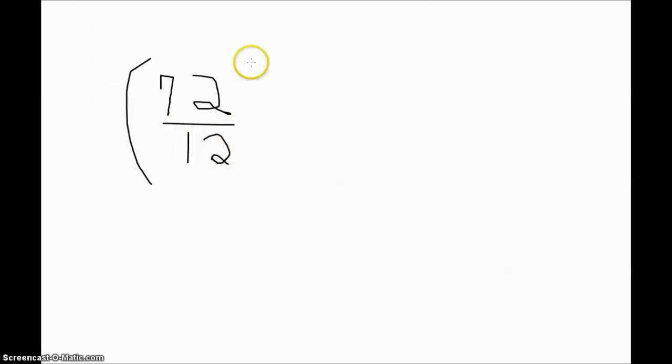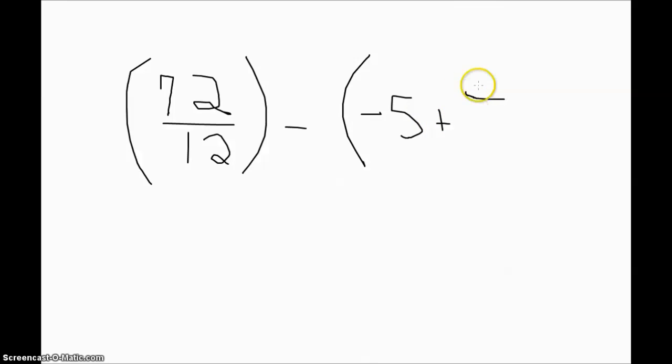Okay, then. Problem 3, we have 72 over 12 minus the quantity of negative 5 plus 4. Yeah.